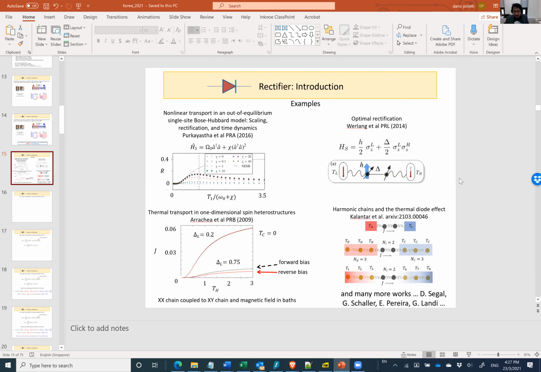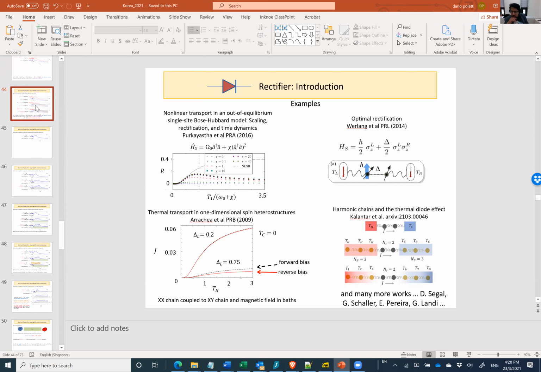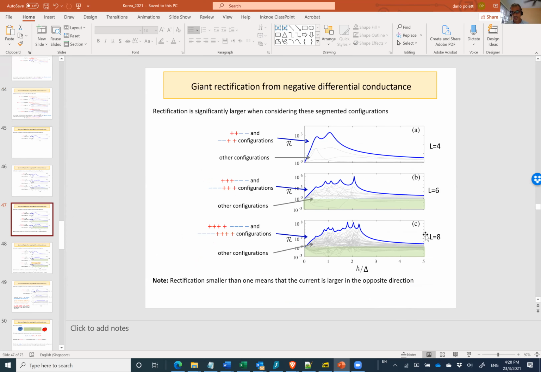Maybe a quick clarification, Dario. In your talk, you had these gray lines which corresponded to different configurations in the rectification, and there were some with negative, but those were also quite large. What configurations do those correspond to? I think this one, yeah, exactly. You're referring to this, right? Yes, absolutely. If I look at the negative rectification ratio that you have here, it's smaller than the maximum one for sure, but they're still quite large, right?